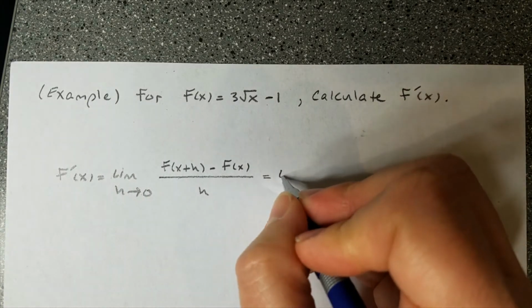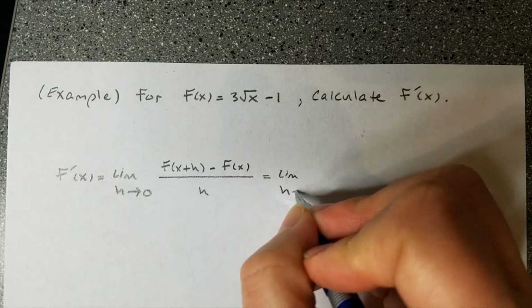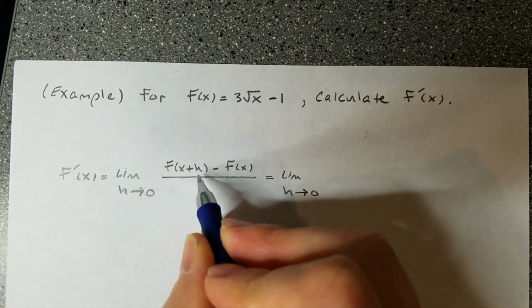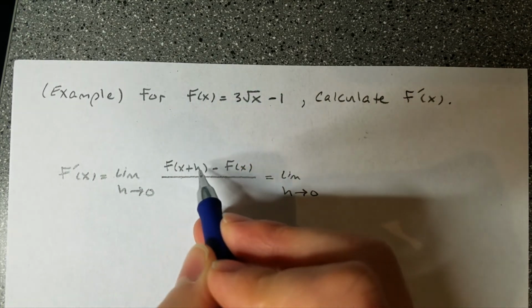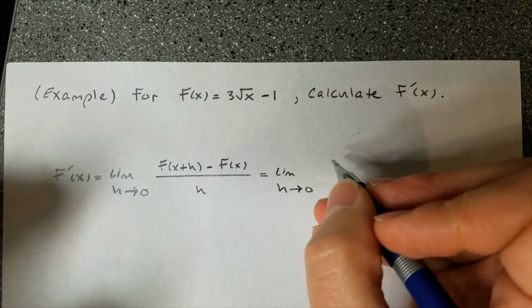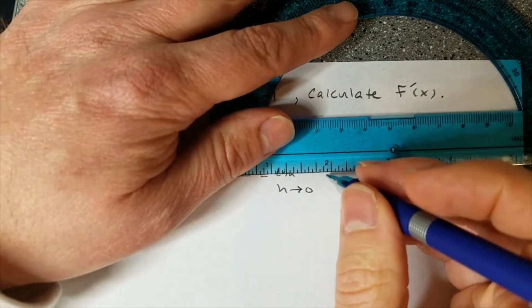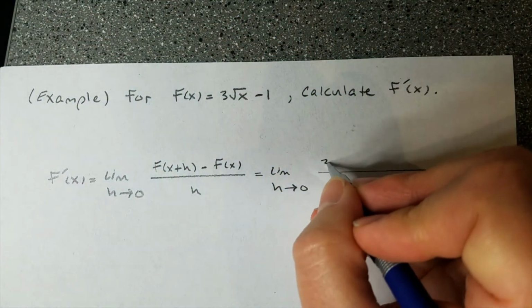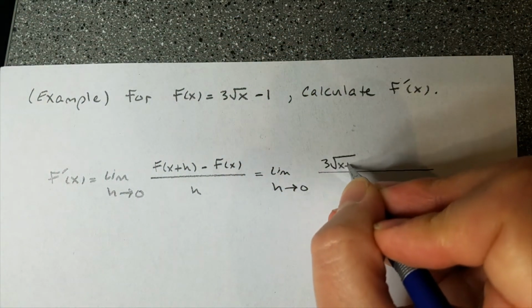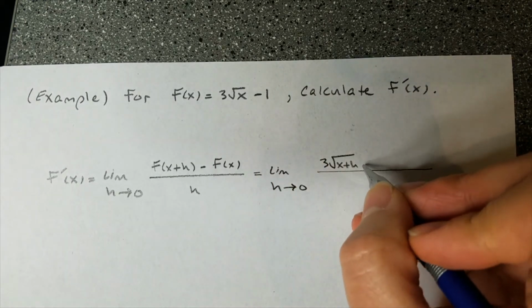In this case, the f(x + h) is, well, what if you took that formula and put x + h in for the x? You get 3√(x + h) − 1.